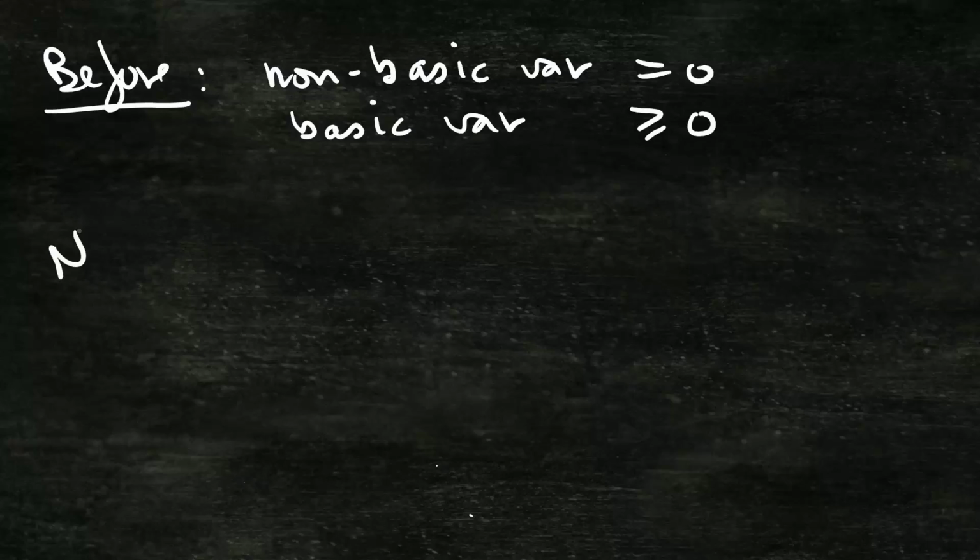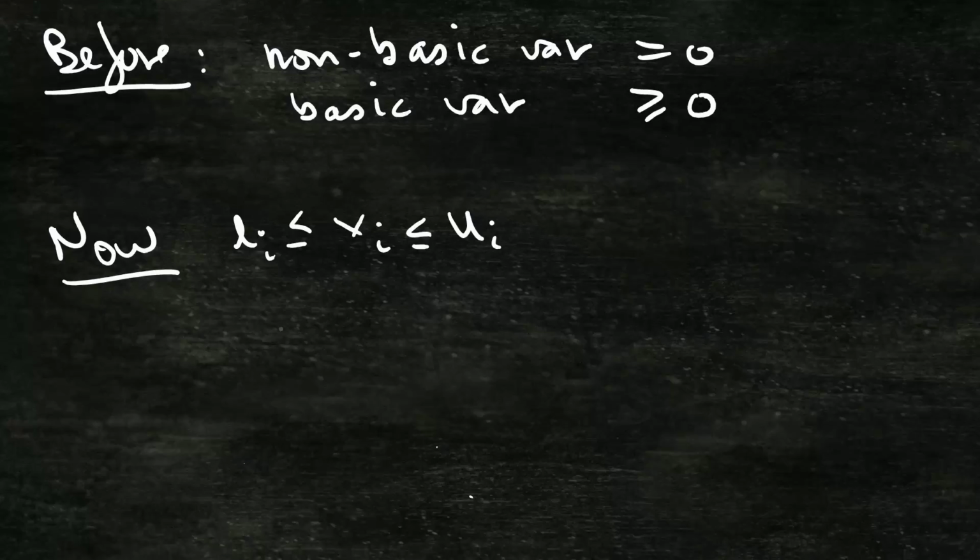Now suppose that xi is between some lower limit and some upper limit. Like we had 1 and 2 and 2 and 3, suppose that every variable has an upper and lower bound.